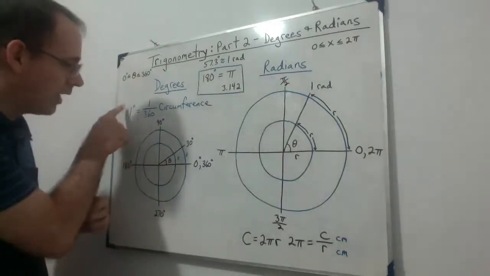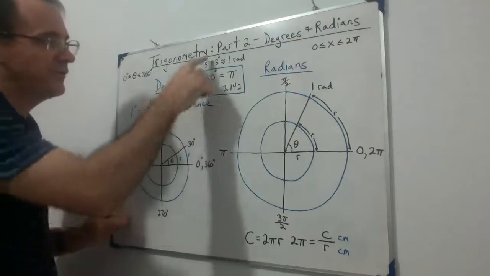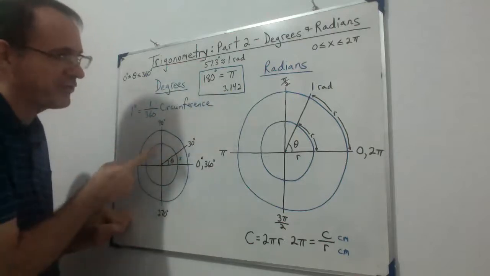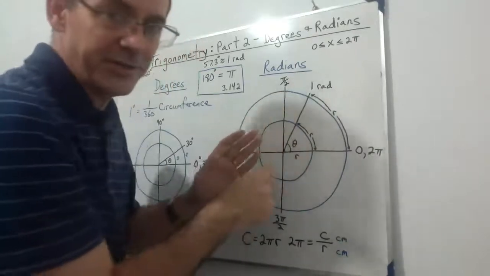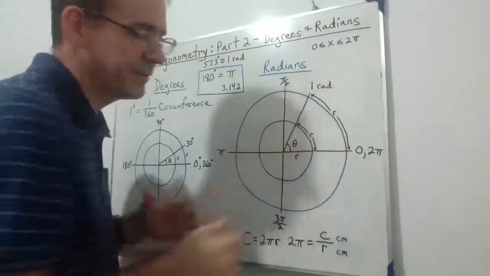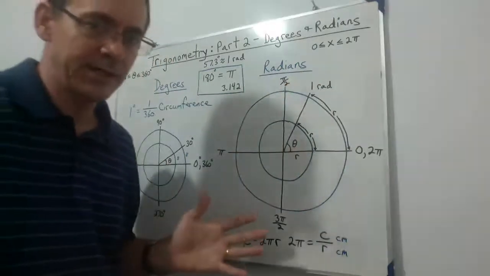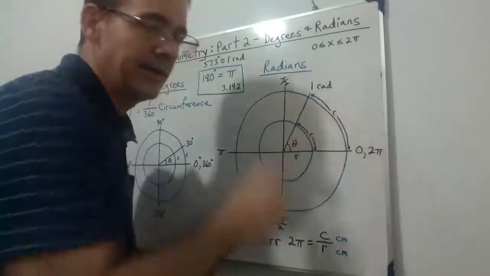So notice 1 degree is really small, 30 degrees is up to here. So 57 degrees, well, that's almost 60. That's up here. And again, I didn't measure this, I just put it in approximately. So this would be approximately 57.3 degrees, or should be, would be 1 radius length.